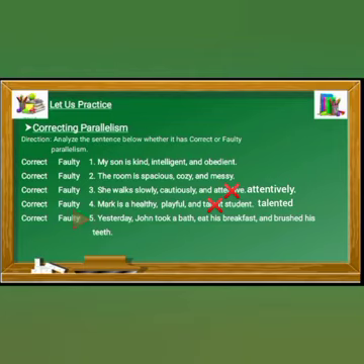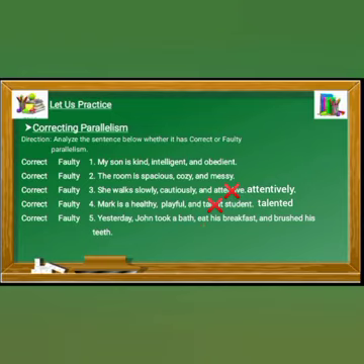Sentence number 5. Yesterday, John took a bath, ate his breakfast, and brushed his teeth. Is it correct or faulty? Again, if your answer is faulty, you're correct. The verbs took, brushed are all in the past form of the verb, while the verb eat is in the present tense, right?